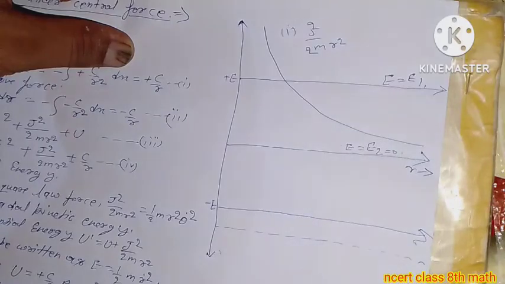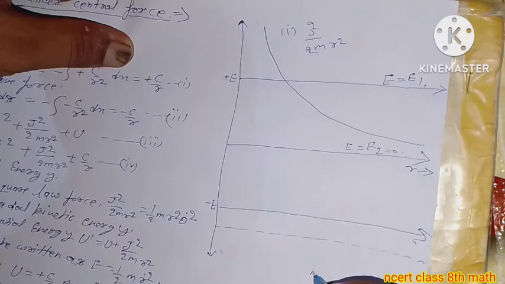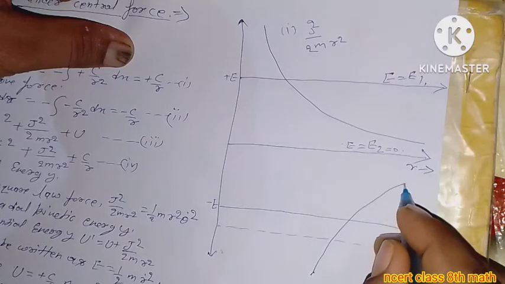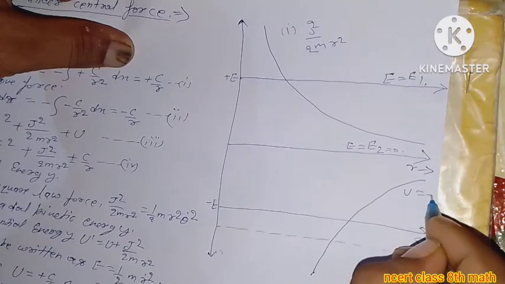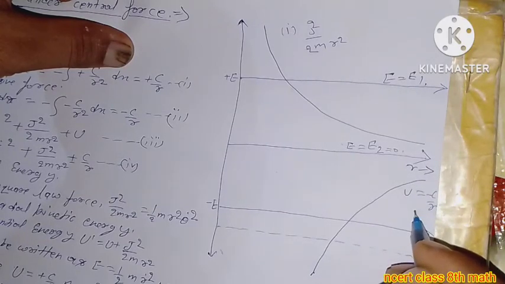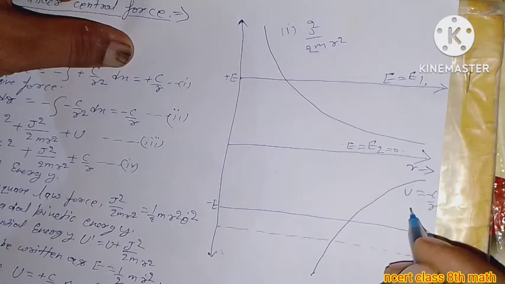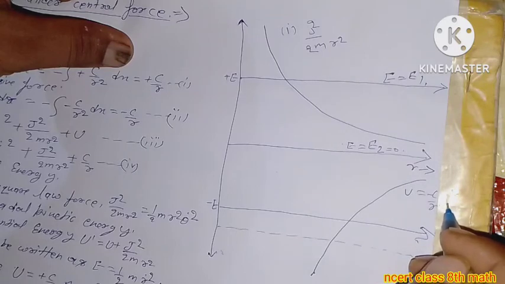The second curve starts from here and goes like this. This is the attractive force, with attractive energy equal to minus C upon r.